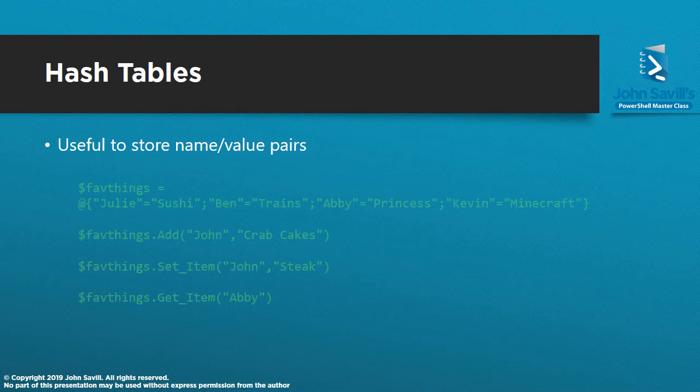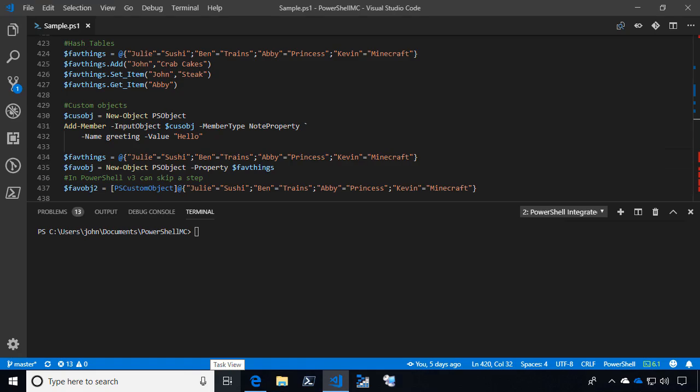So I previously mentioned hash tables, and they're used a lot in PowerShell because they let me store these name value pairs. And a hash table is just, I have the @ sign, then squiggly brackets. So I've got favorite things. And I'll just jump over to the code. So I'm creating favorite things as a hash table where Julie likes sushi, Ben likes trains, Abby likes princesses, and Kevin likes Minecraft.